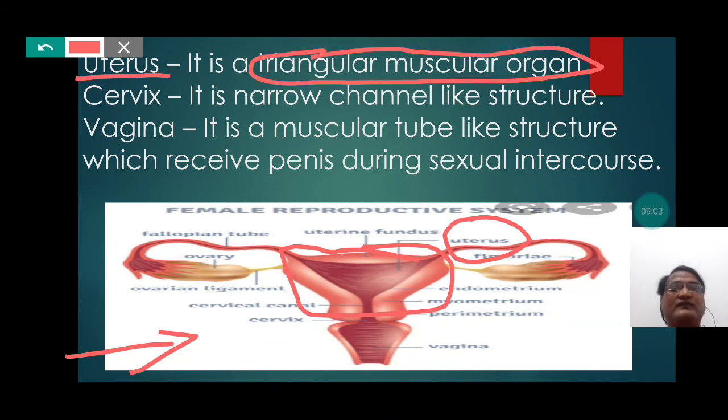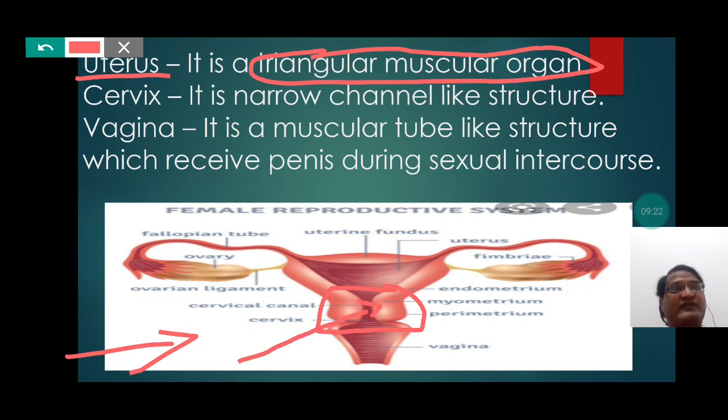Students, cervix actually is a narrow channel-like structure which we can easily find in this picture, which is here, the narrow channel-like structure. So students, this is a narrow channel-like structure which is called cervix.